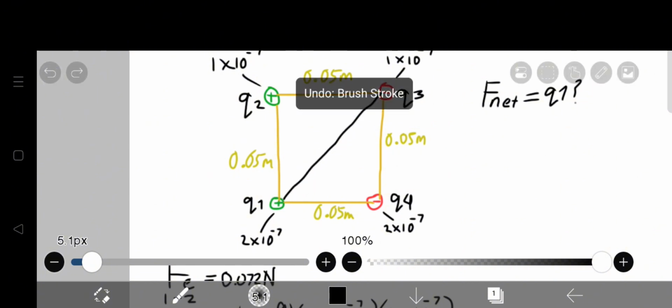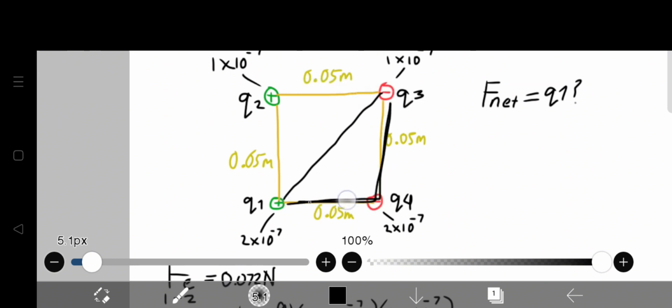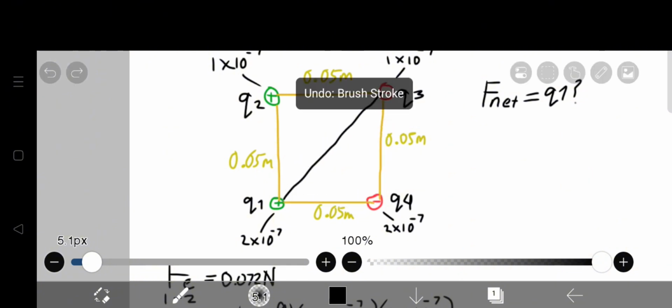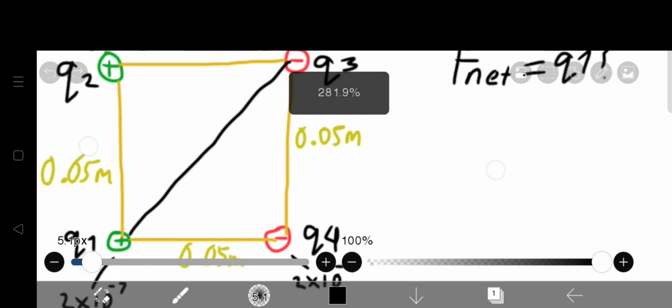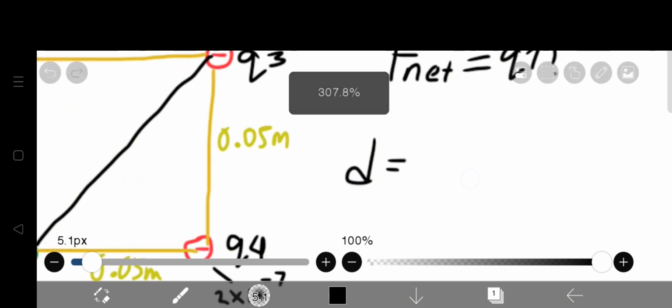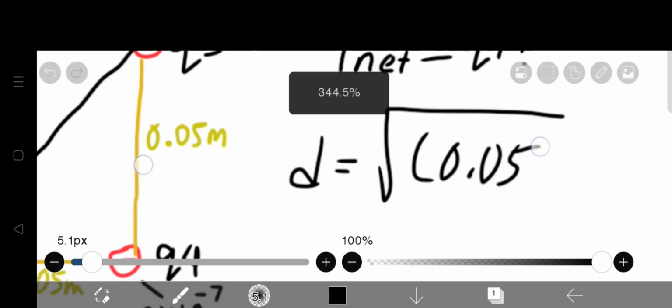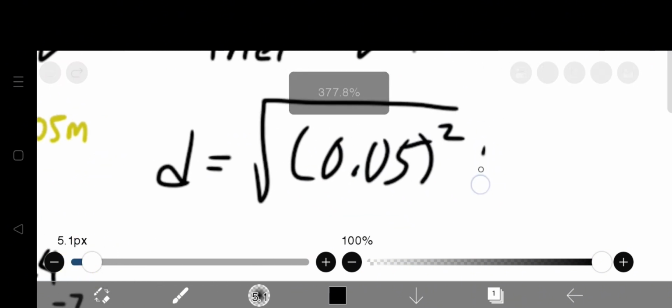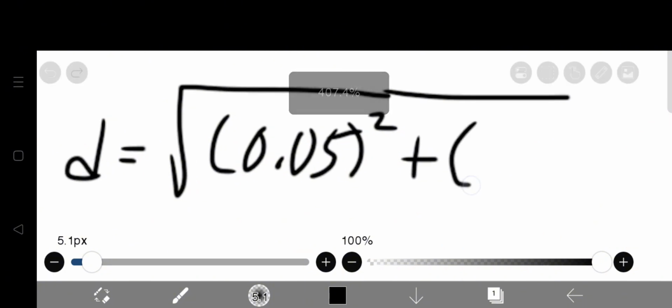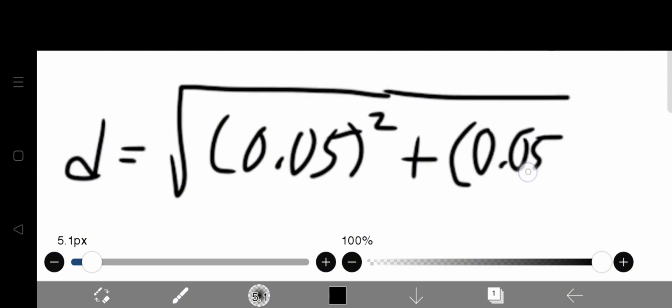So, paano natin mahahanap to? We can use the Pythagorean theorem using these two sides. So, as you can see, makakabuo ka dyan ng right triangle. So, that would be distance is equal to the square root of 0.05 squared plus 0.05 squared.